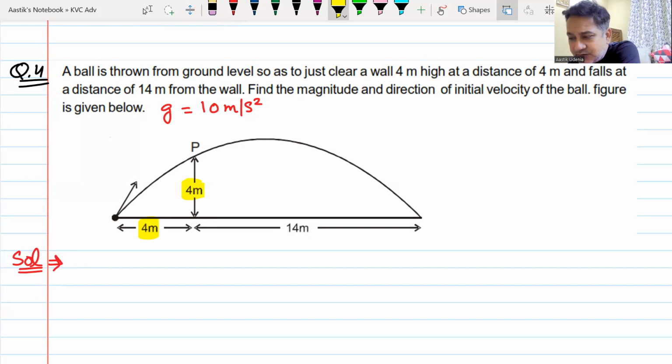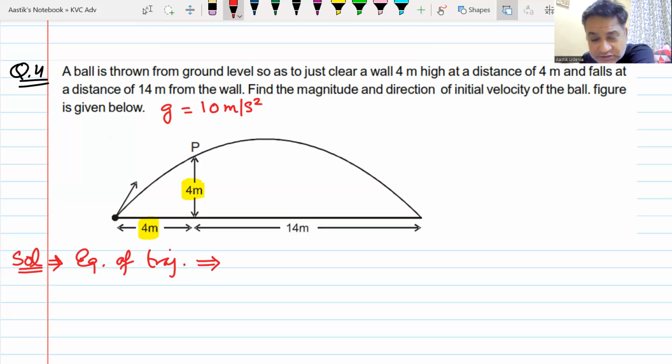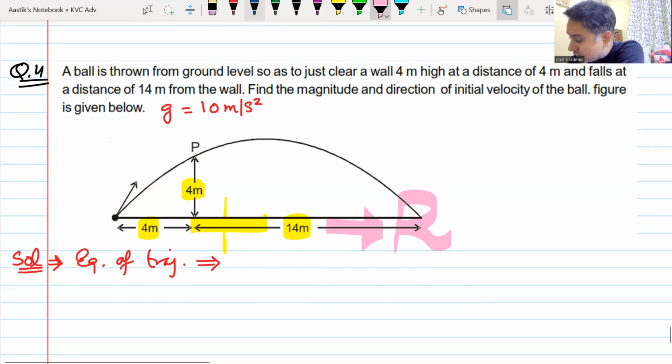The first hint is that this question has to be solved with the equation of trajectory. The second hint is which equation we must use. Here 4 is given and 14 is given. If you add this 4 with 14, you get the horizontal range R. That solves the question for us.